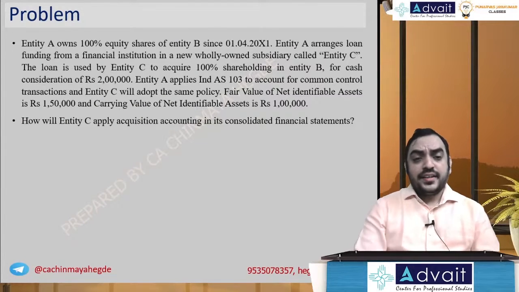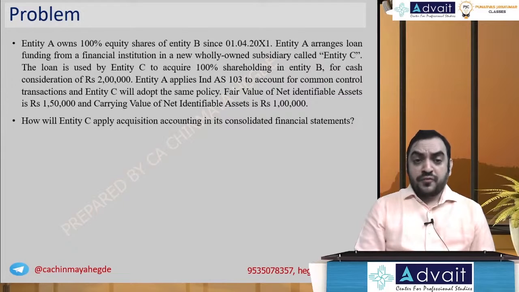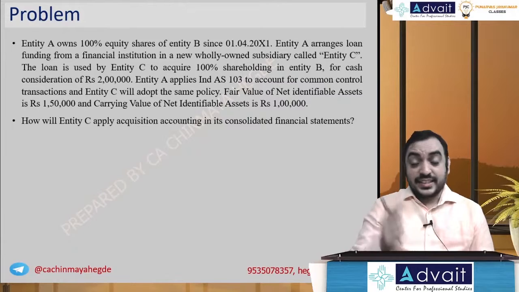Next one. Entity A owns 100% of equity shares of entity B since 1/4/2001. Entity A arranges a loan from financial institutions for a newly owned subsidiary called entity C. Okay, let's try to write down what happened till here.